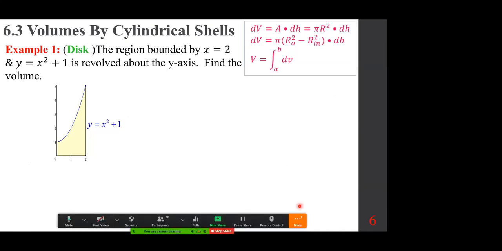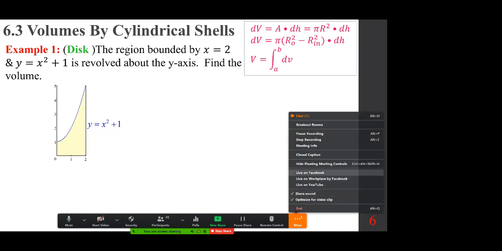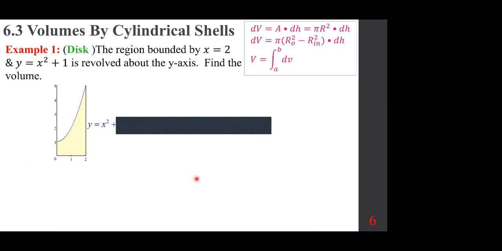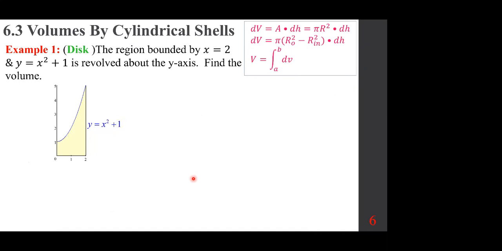Let's look at this example. The region is y equals x squared plus 1, between that and x equals 2, basically the shaded region, okay? And we want to go around the y-axis.